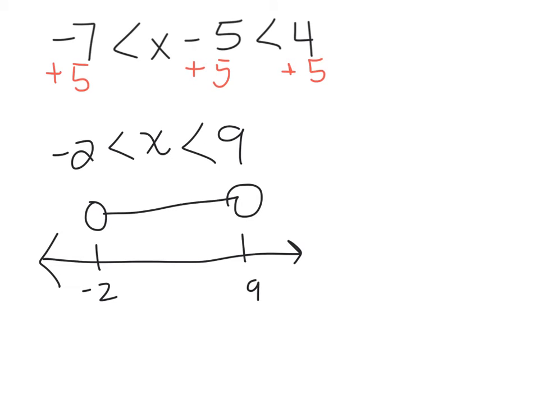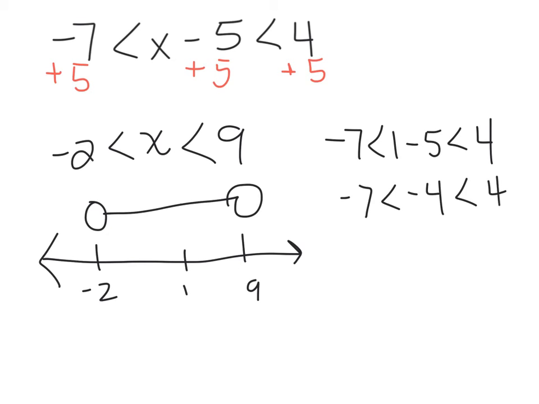Again, notice how my graph looks like a barbell. I lift things up and put them down because it's an "and" compound inequality. Any number in this range from -2 to 9 is a solution to this inequality. And you can see that because you could pick any number, say the number 1, plug it into the original inequality, and come out with a true statement. -7 is less than -4, and -4 is less than 4.